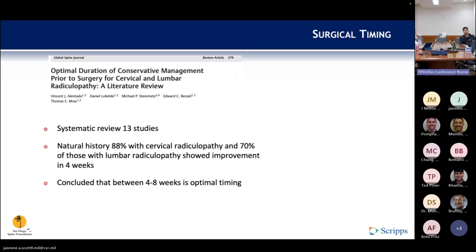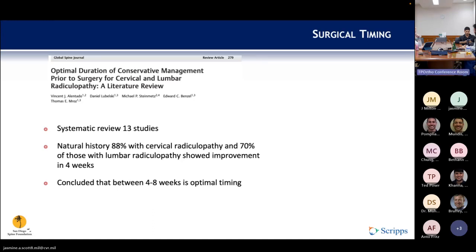This paper was looking at what is the optimal duration that we should make someone wait before doing surgery. It was a systematic review of 13 studies. It was cervical and lumbar, so 88% was cervical, 70% with lumbar radiculopathy. Most of these patients showed improvement within 4 weeks.